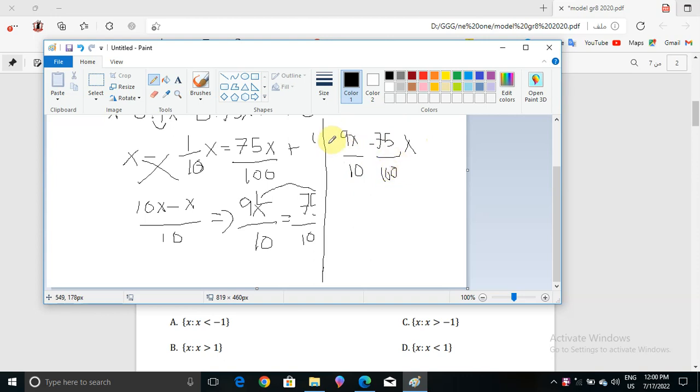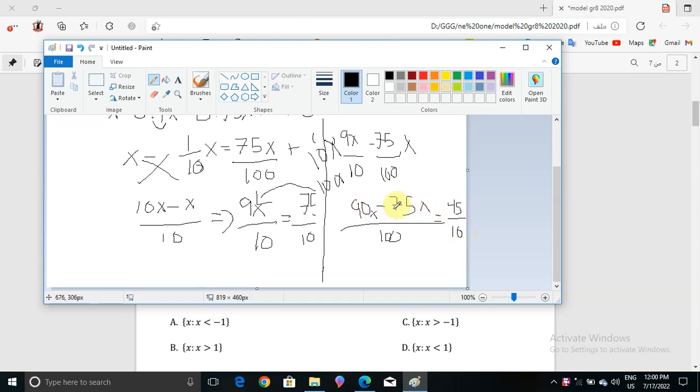Then we'll times 9 and 10 by 10. Why? Because we need to make the denominators equal. Then what we'll make here, it will be 90x minus 75x, both of them over 100. And all of this is equal to what? Here what we have, 45 over 10, right?